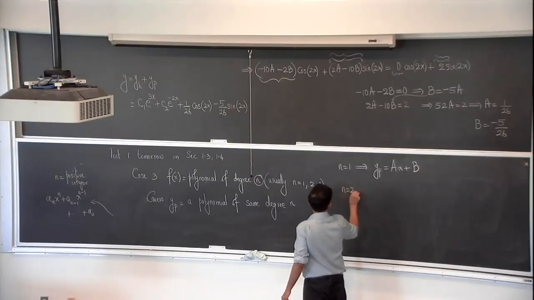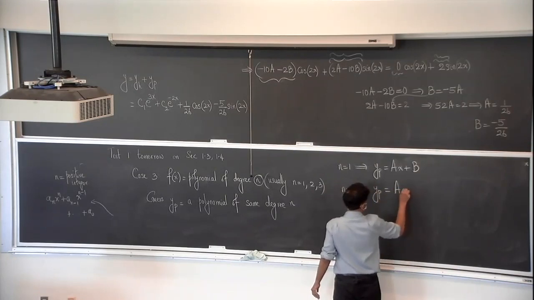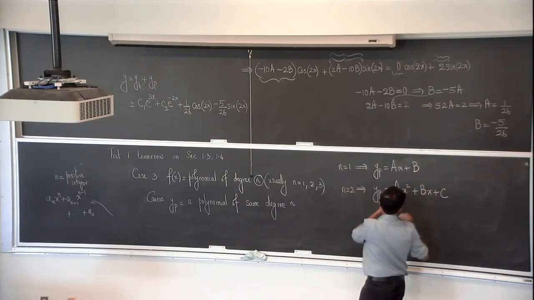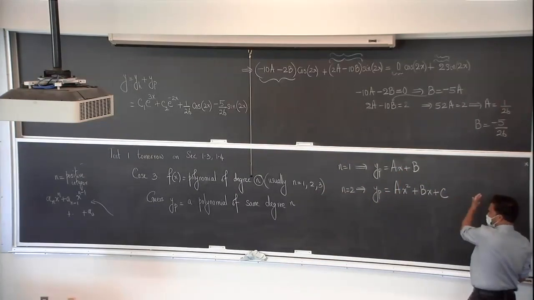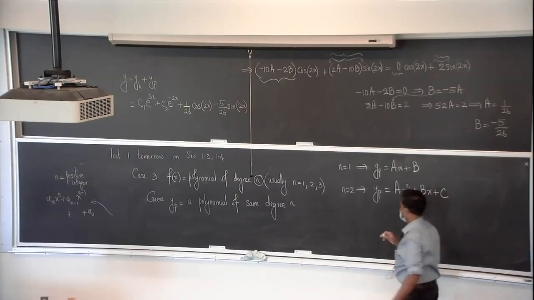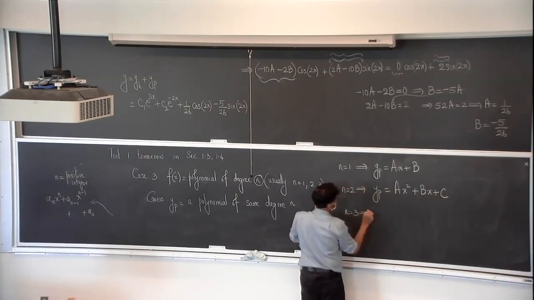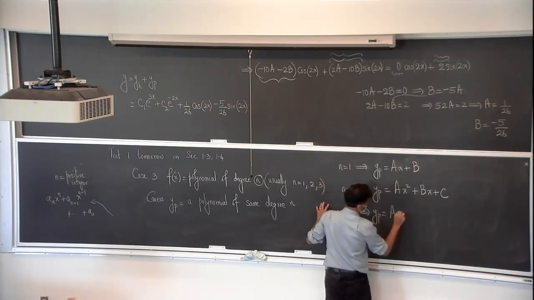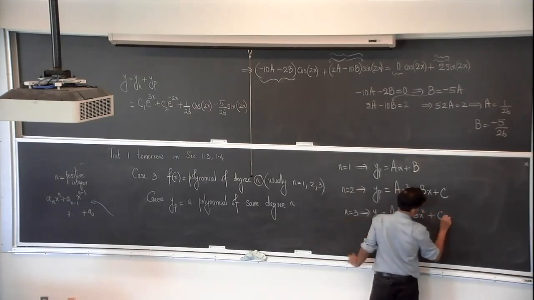N equal to 2, your yp would be ax square plus bx plus c. So irrespective of how your f of x looks, you have to write all the terms in this polynomial. And n equal to 3, yp would be ax cubed plus bx square plus cx plus d.